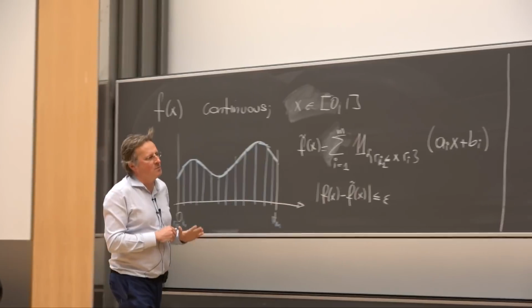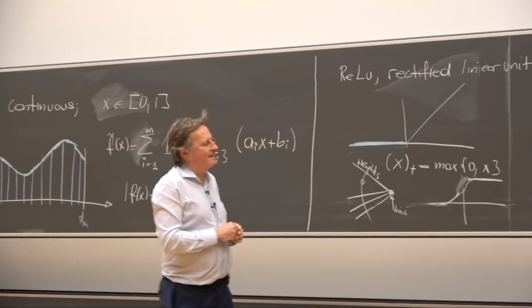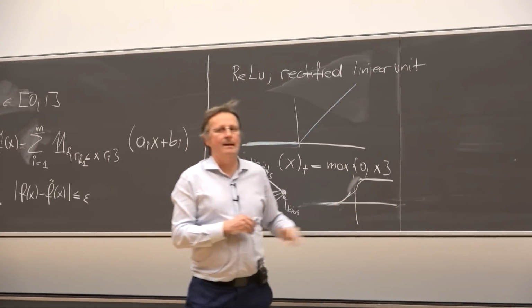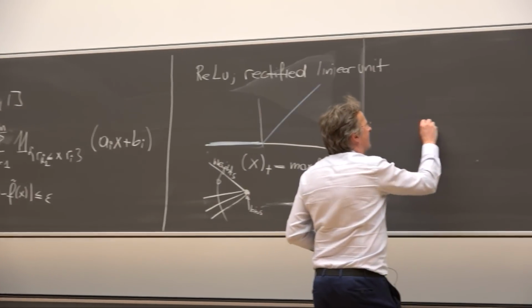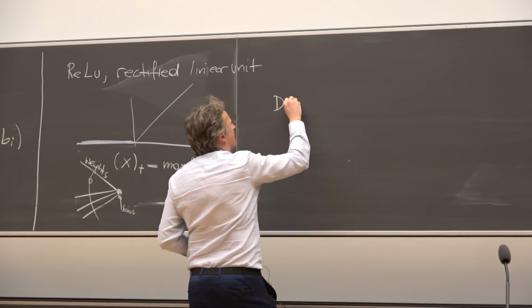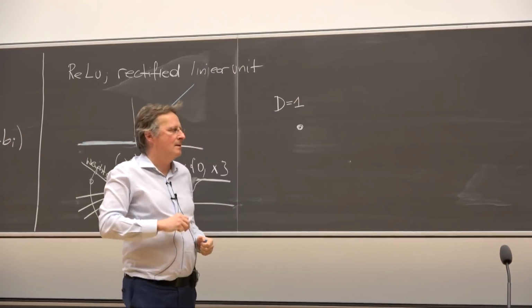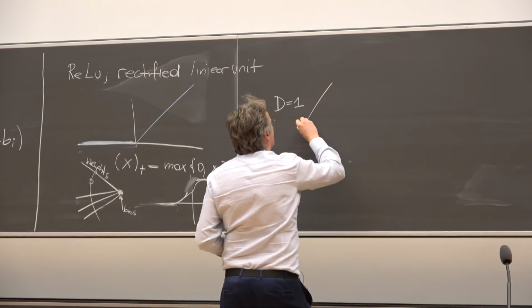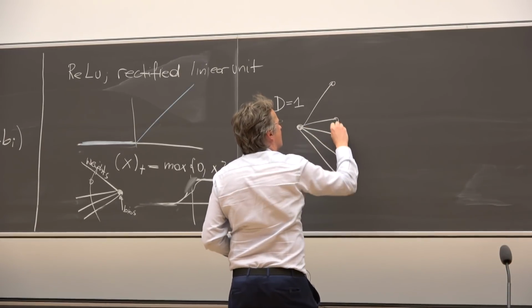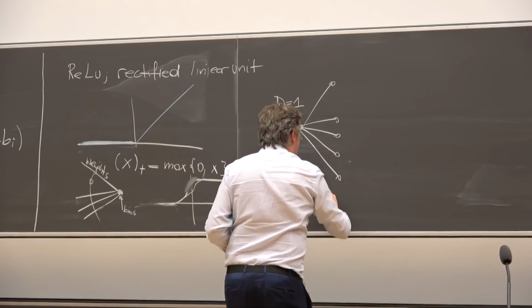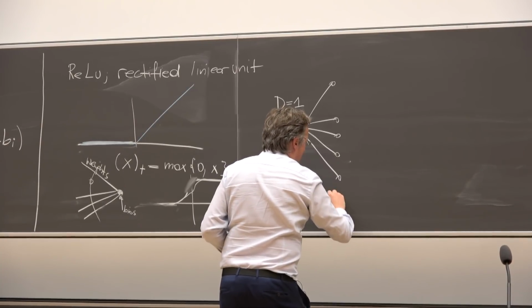Good, so assume that we have, again, a standard one-layer network. We have something very simple. D here is 1, because we are just in one dimension. Now we have a layer with some number of nodes. This is one layer of hidden nodes, so this is the hidden layer.